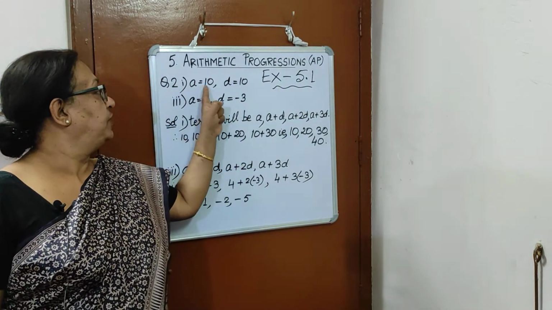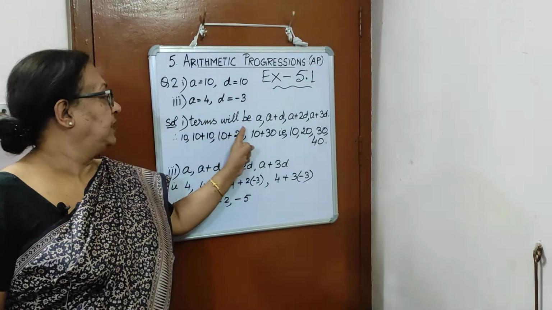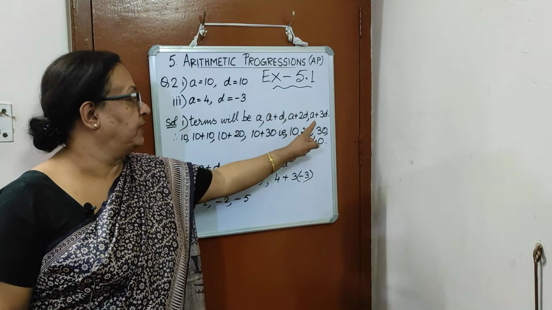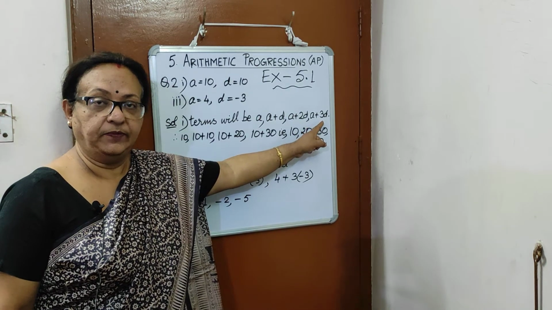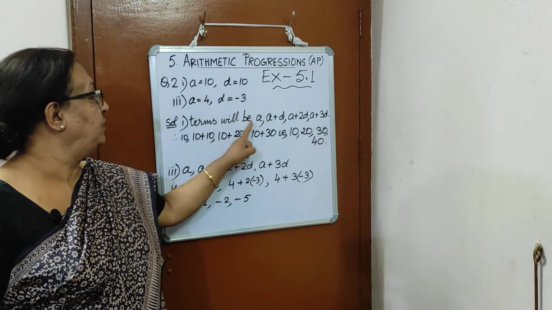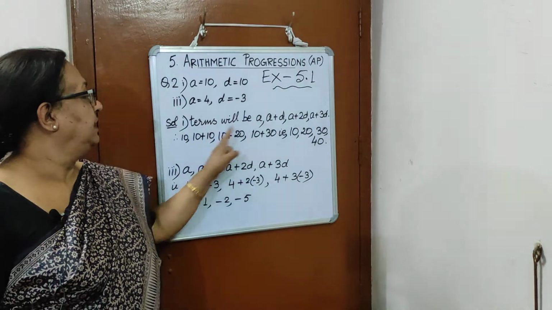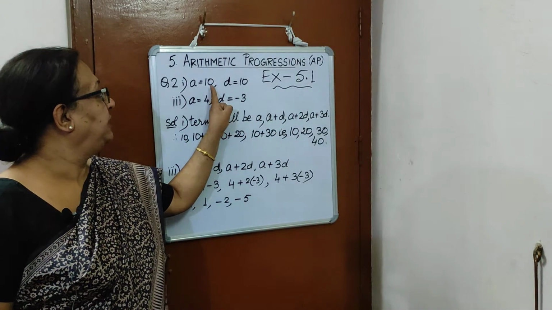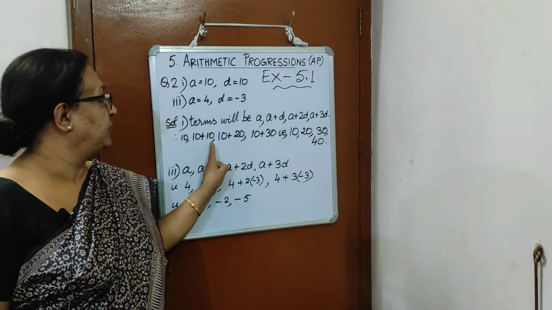So, the solution for the first one: the terms will be a, a plus d, a plus 2d, and the fourth term will be a plus 3d. Just substitute the values. a is 10, second one is a plus d, that is 10 plus 10.